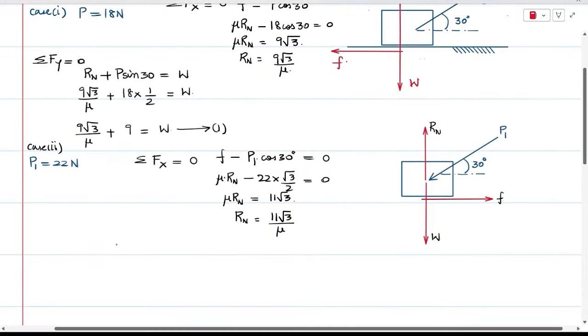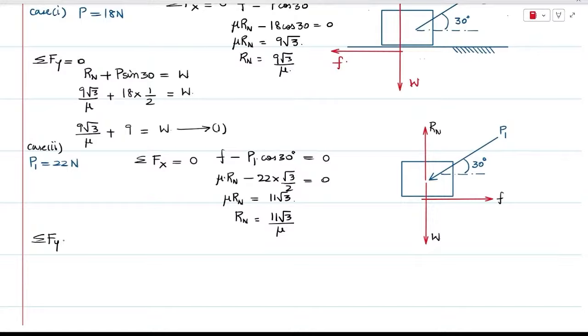Next is equilibrium of forces in the y direction. That is, if we take up sigma Fy equal to 0. Next it would be Rn is upwards minus P, the force P will have the component in the downward direction, that is P sine 30, and W will be in the downward direction. So that is Rn minus P1 sine 30 minus W is equal to 0.